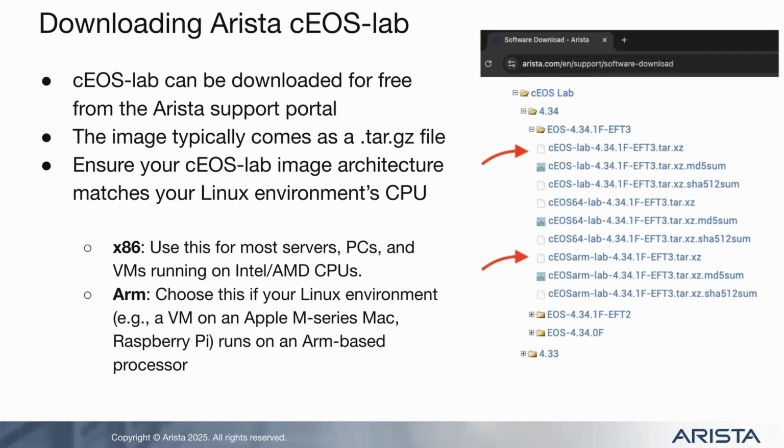So for example, typically PCs and servers will have x86 chips, so you can download the regular cEOS-Lab image, but you also have computers like Apple M1, 2, 3, 4, etc., that have the special Apple Silicon, and also Raspberry Pis or any other computer that is based on ARM architecture. For these ones, you need to make sure you download the version with ARM in the name.